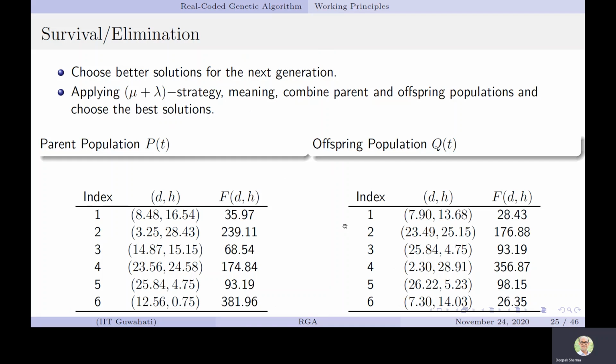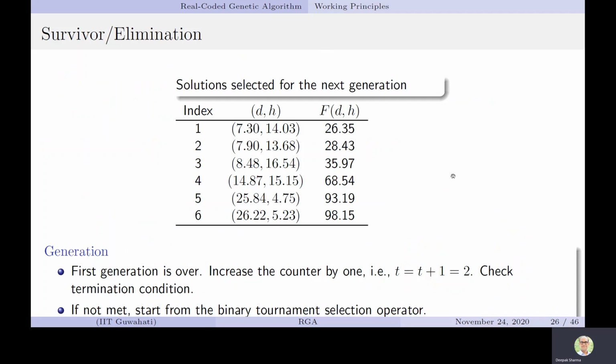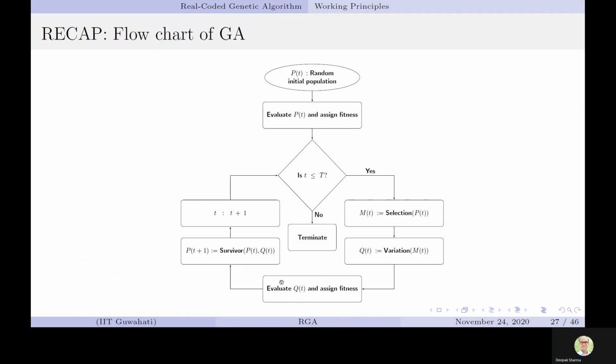Then we sorted them in ascending order and we chose the top 6 solutions for the next generation. Thereafter, we check the generation counter, it increases by 1, and then since the termination condition is not met, we will be performing binary tournament selection, then thereafter crossover and mutation. We will be working inside the loop till the termination condition is satisfied.